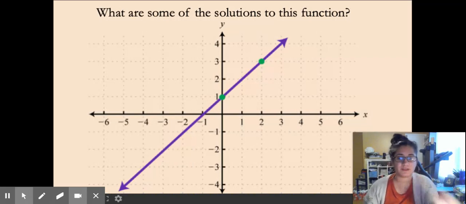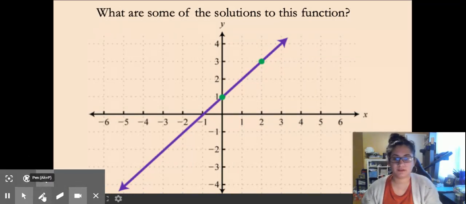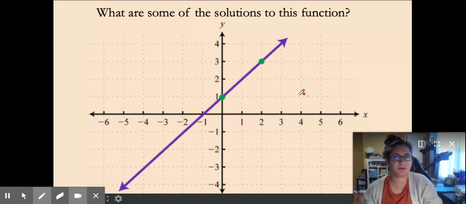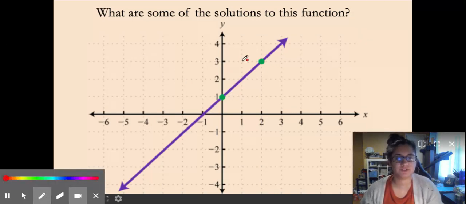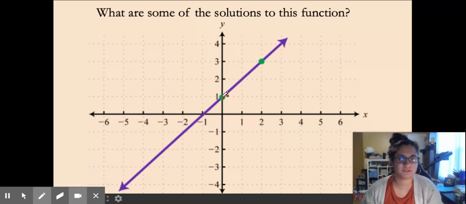So looking here at this, we can take our little drawing tool as well. We're going to talk about some of the solutions to this function. Two obvious solutions to this function are your two green dots here. So you have a solution here at 0, 1, or you have a solution here at 2, 3.